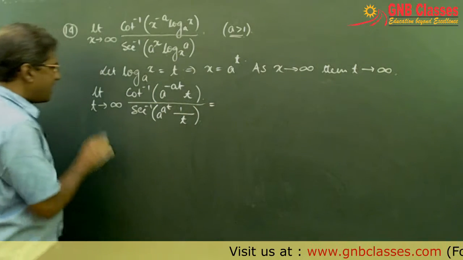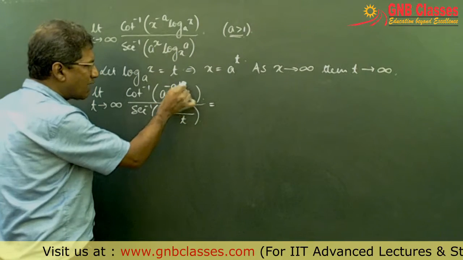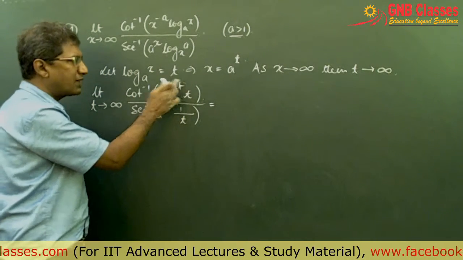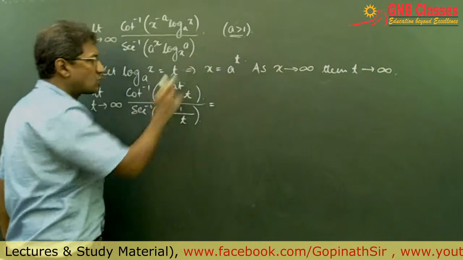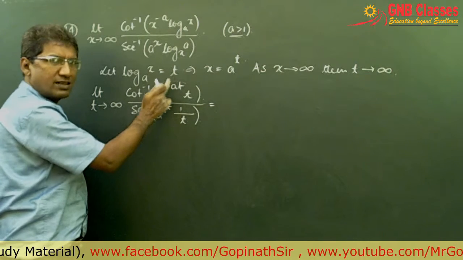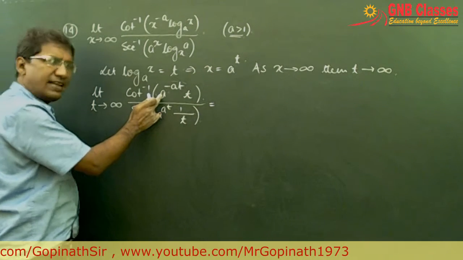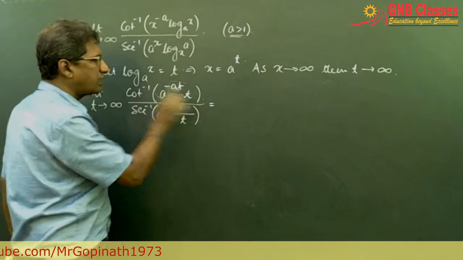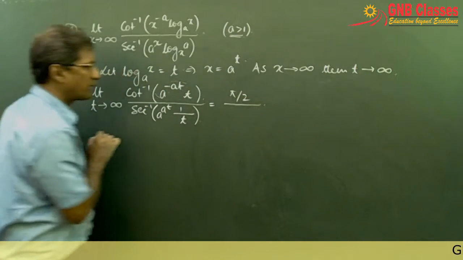Now you observe, as t approaches infinity, a to the power minus at is approaching, since a is greater than 1, 0. T is tending towards infinity, but this thing is approaching 0. So it will be cot inverse 0, which is nothing but pi by 2.